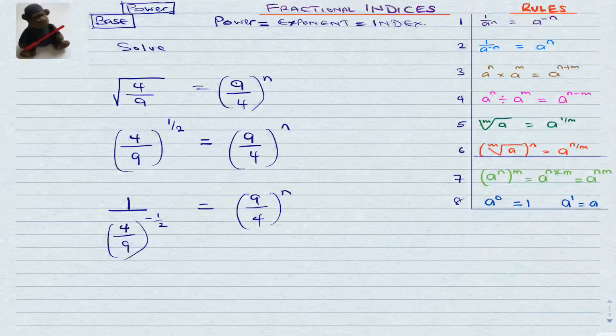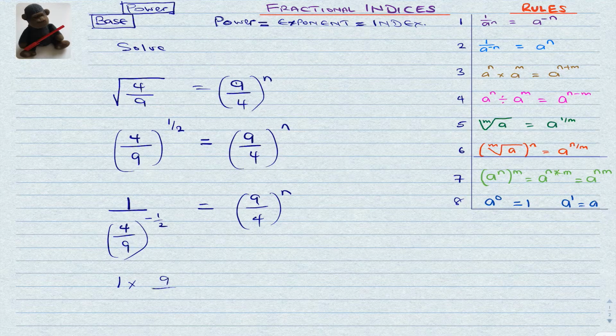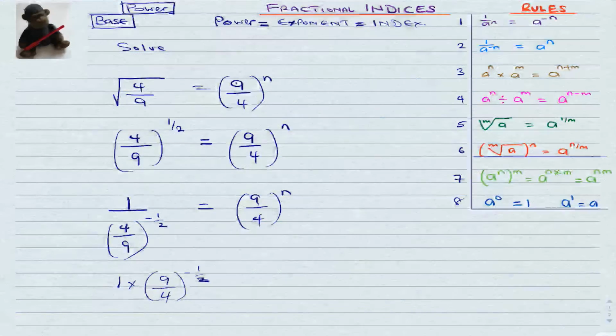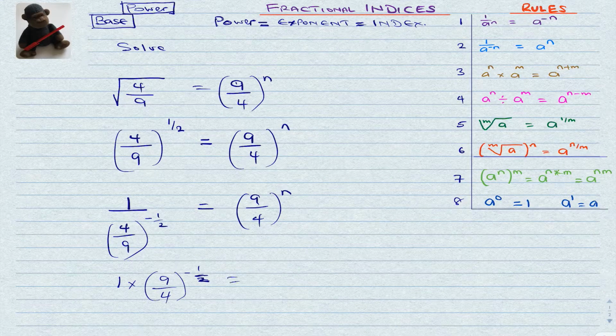Then what I'm going to do now is to invert this, because when you are dividing, you basically turn it into multiplication. So that will become 1 times 9 over 4 to the power of minus a half, and that'll be equal to 9 over 4 to the power of n.